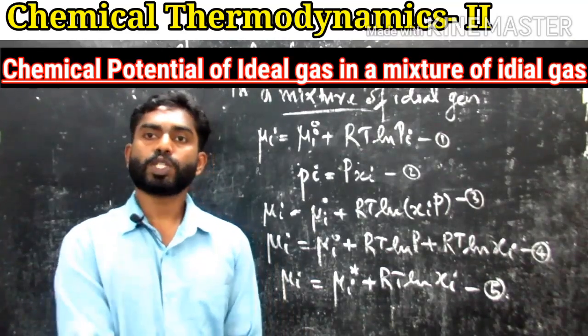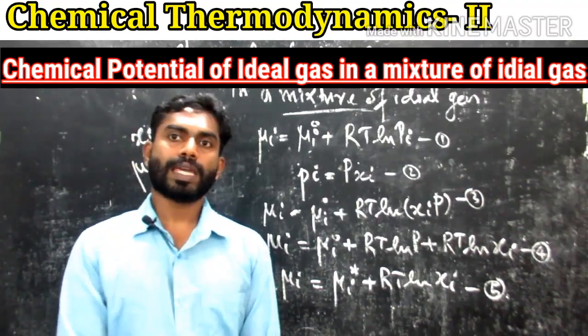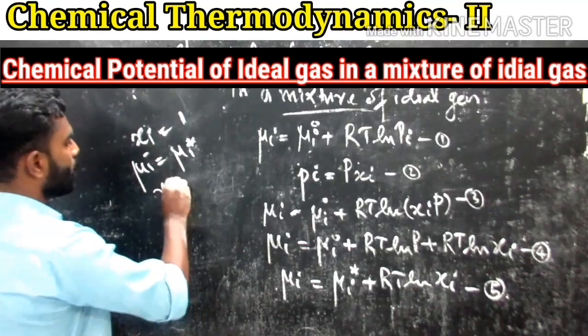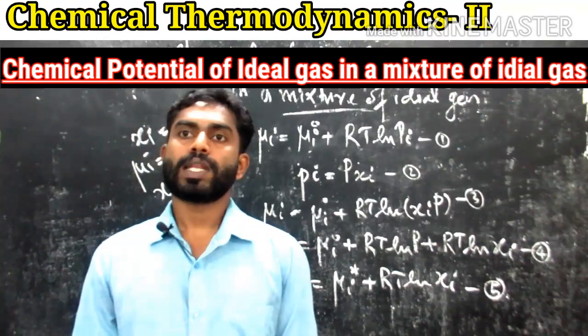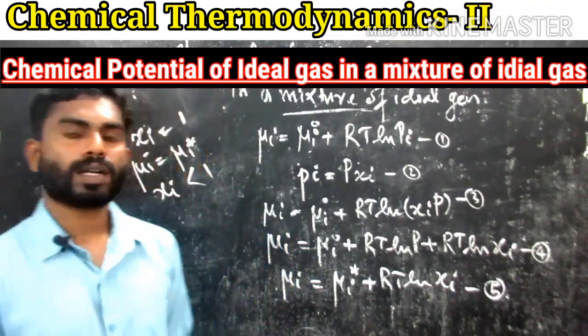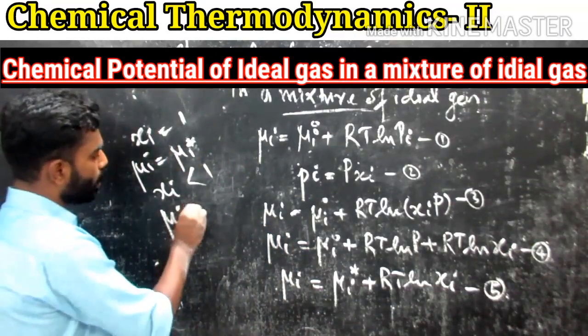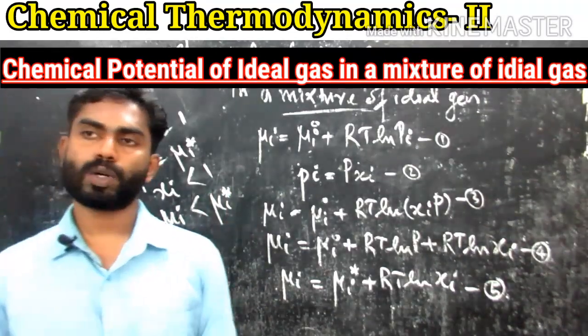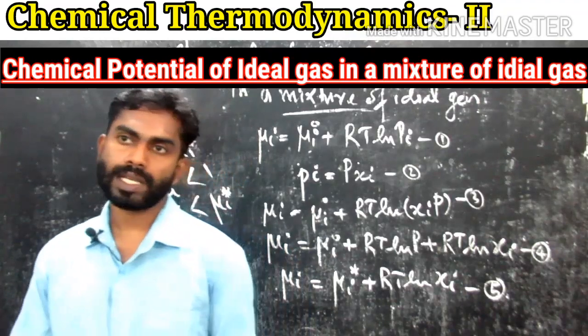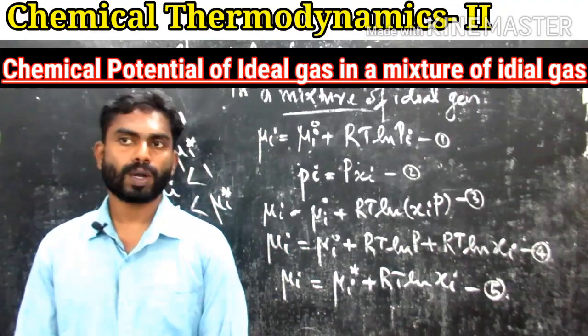Okay, in a mixture, however, since Xi is less than 1, its logarithm is negative. Hence, we can write mu I is less than mu I star, the chemical potential is less than that of the pure component.